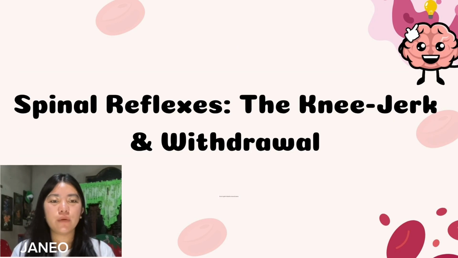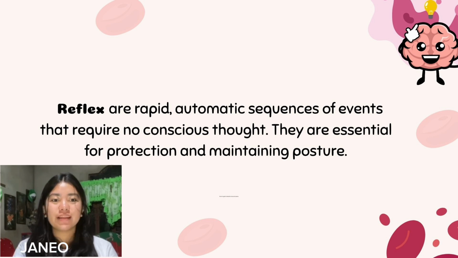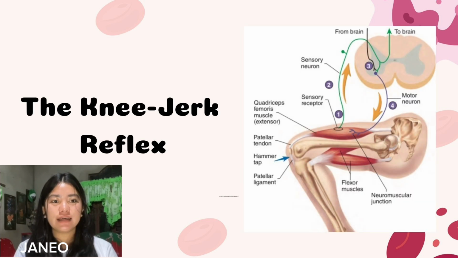Now, let's talk about spinal reflexes, the knee-jerk and withdrawal. A reflex is the body's automatic, rapid, and involuntary response to stimuli. The knee-jerk reflex is a classic example of a stretch reflex.